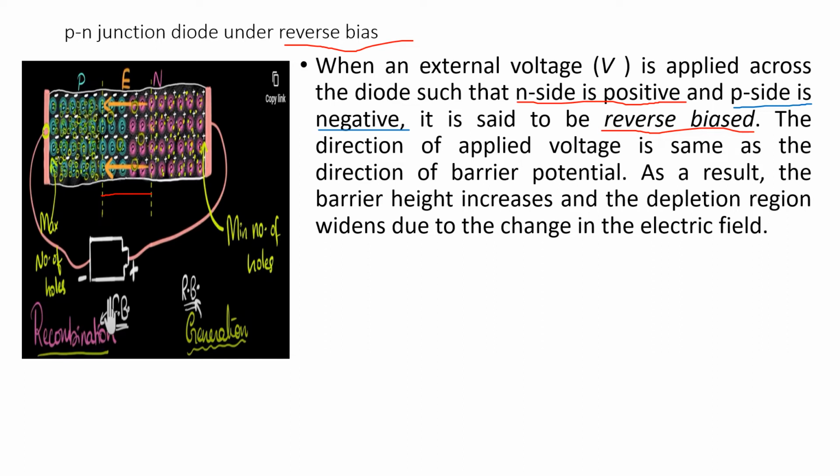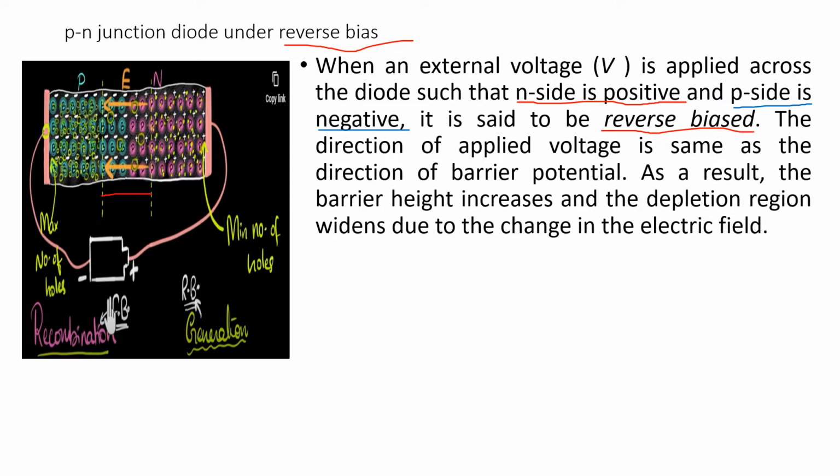If you had observed, the barrier potential was minus here and plus here. In the previous diagram, if you go back and refer, it was minus on this side and plus on this side. So the battery is also minus on this side and plus on this side. Please observe this: the barrier potential is in the same direction as the applied potential.